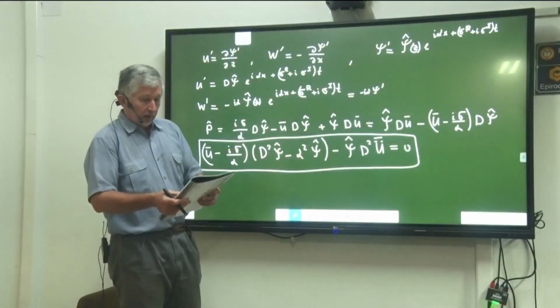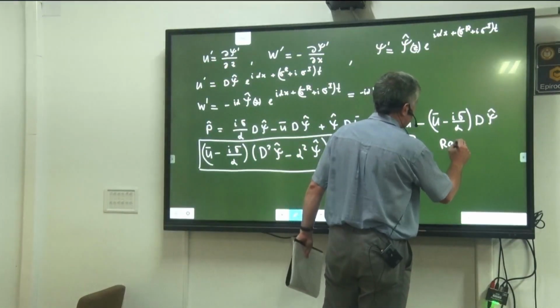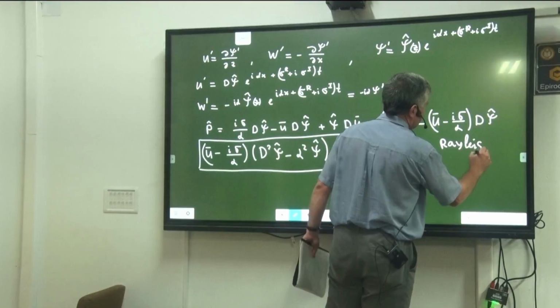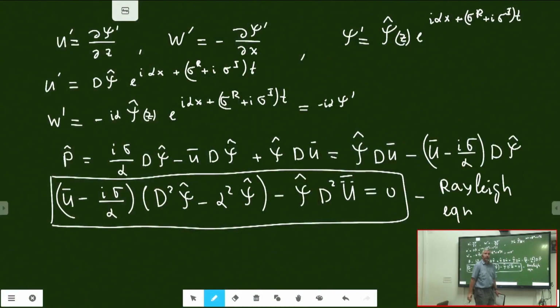Okay? So this is called the Rayleigh equation. Rayleigh introduced it. What do you think? How old do you think this equation is? Just your guess. When do you think people were able to do all that without any computers? How long ago? Anyone?